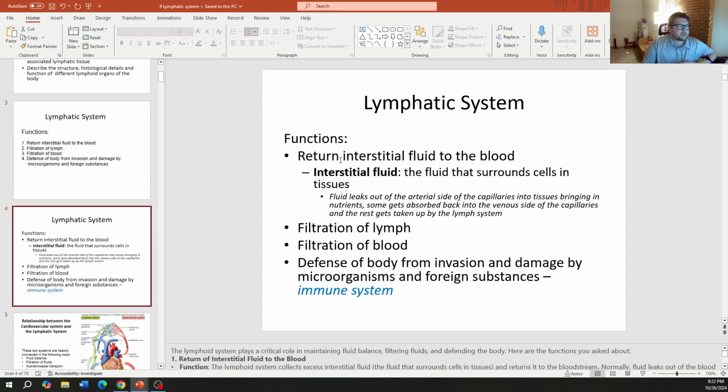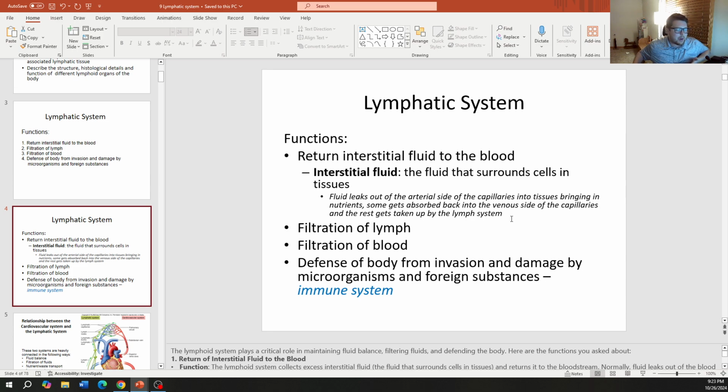So interstitial fluid is the fluid that surrounds the cells in our tissues. When we are delivering nutrients to our tissues, one of the ways that we do this, and we're going to go more in depth in Physiology 1 in Trimester 2, is that our blood goes to the capillaries, and fluid actually leaks out from the capillaries and carries the nutrients with it.